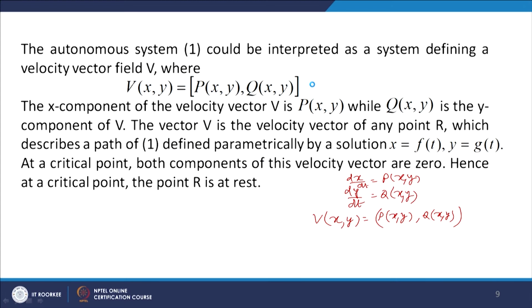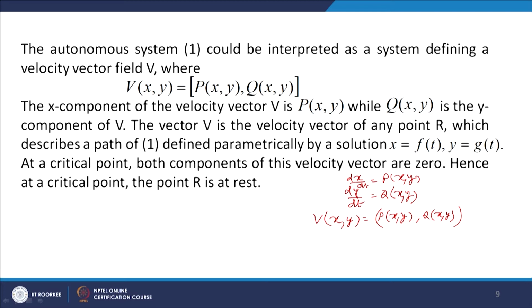And at a critical point both components of this velocity vector are 0, because we know that at a critical point P(x,y) is 0 and Q(x,y) is 0. That means dx by dt and dy by dt, both the components of this velocity vector, are 0, and therefore we say that the point R is at rest.